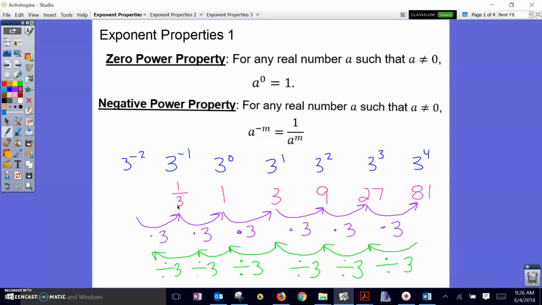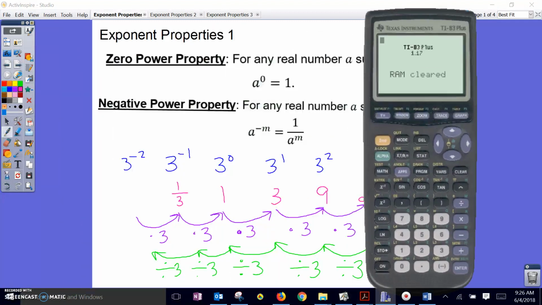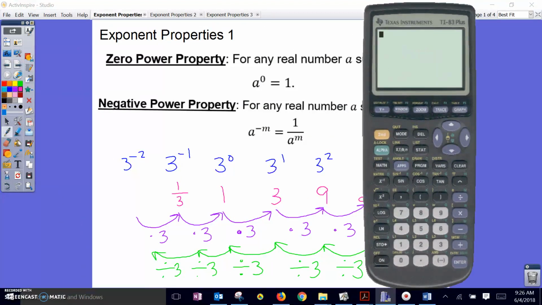If I take 1/3 and divide it by 3, what do I get? If you don't know off the top of your head, we can do a quick investigation here. What do I get when I take 1/3 and divide it by 3? You get a nasty decimal, so I'll convert that over to a fraction.